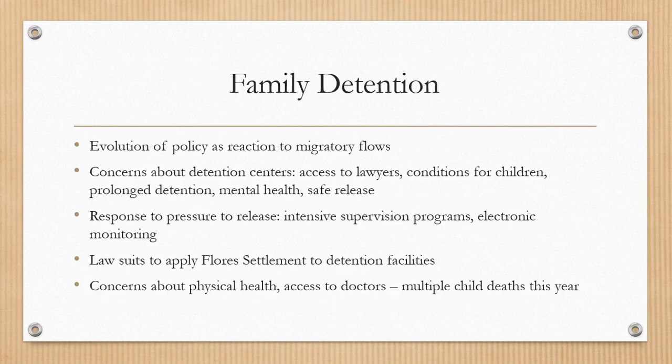Family detention is also something that you may have heard about quite a bit in recent years. And it is important to understand that there has been an evolution of policy around family detention as a reaction to changing flows of migration of people coming into the United States. In one of your readings, there's an article called Locking Up Family Values.